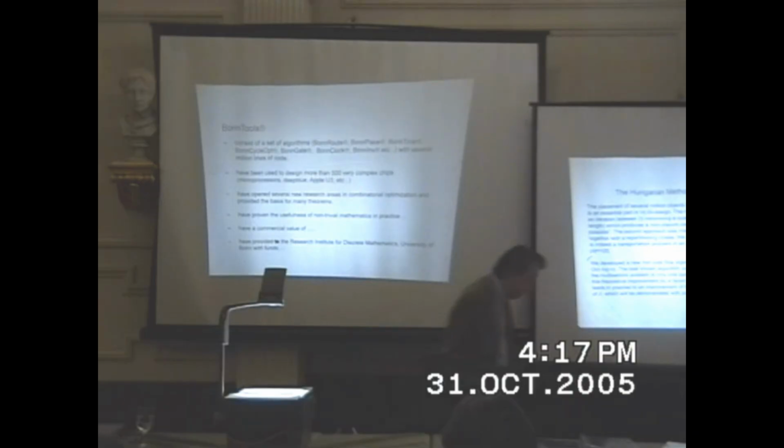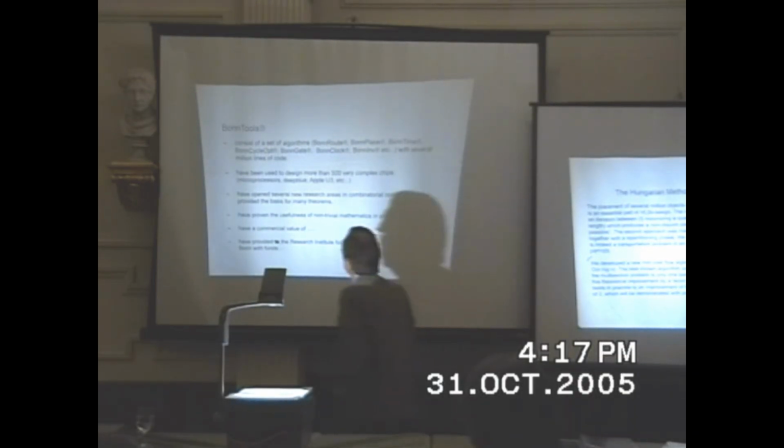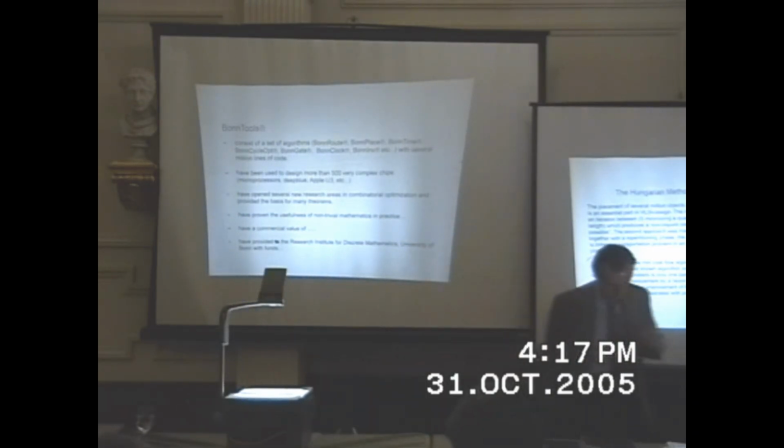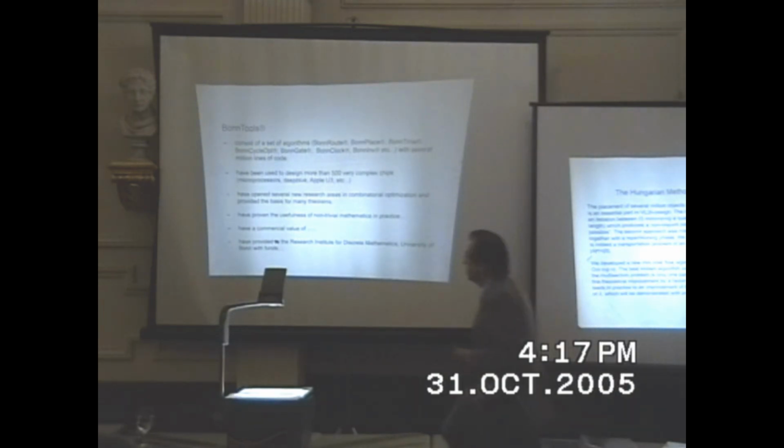During the last 10 to 15 years, more than 500 very complex logic chips have been designed using BonnTools, among others Deep Blue, which against Kasparov won, and U3, which is the system controller of the new Apple generation. Actually, even I found out that the routing of the famous Blue Gene chip was done with BonnTools.